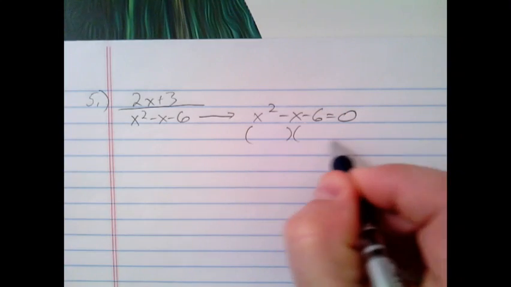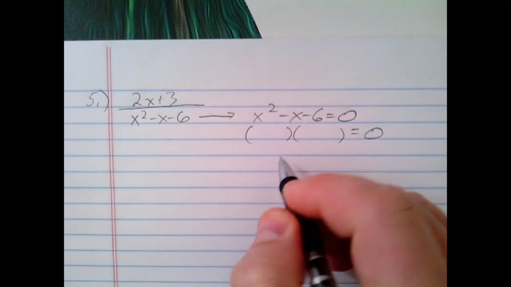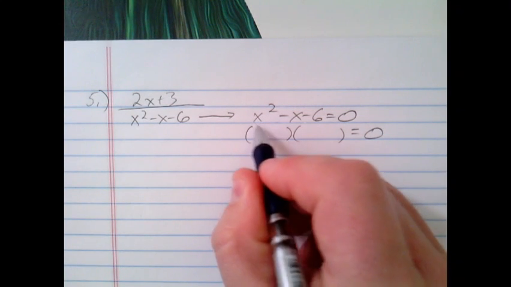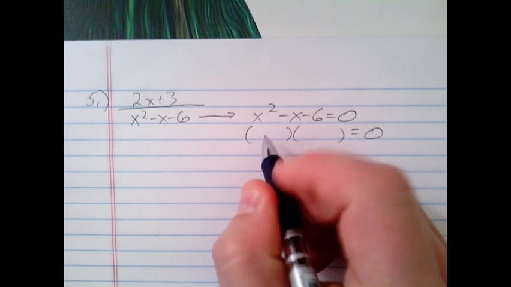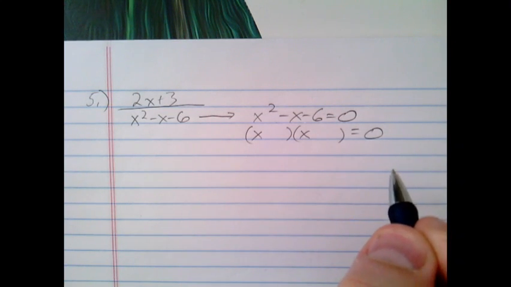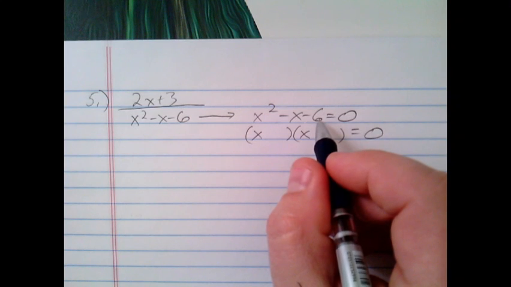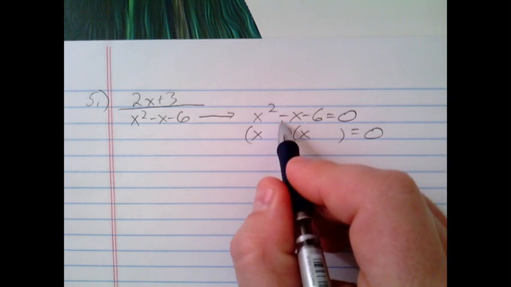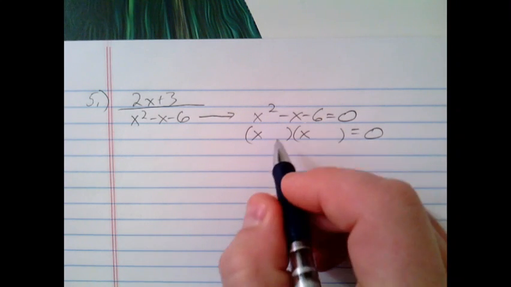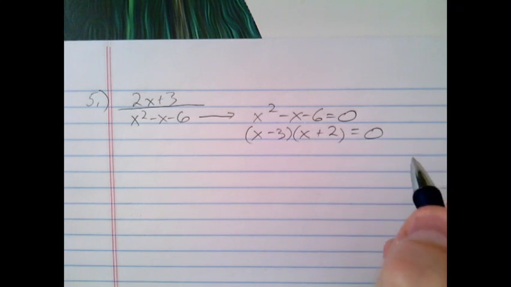So, we'll see if we can factor this trinomial into two binomials. Since the trinomial leads off with an x squared, the binomials would each need to begin with an x. And now I'm looking for two numbers that multiply to -6 but add to -1. Okay, -3 and +2 come to mind.